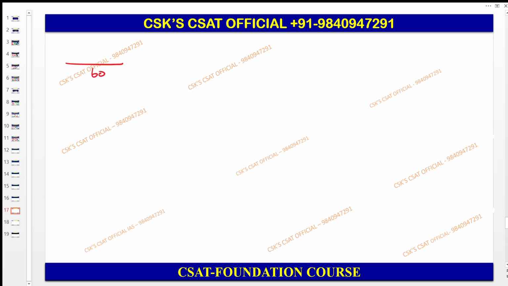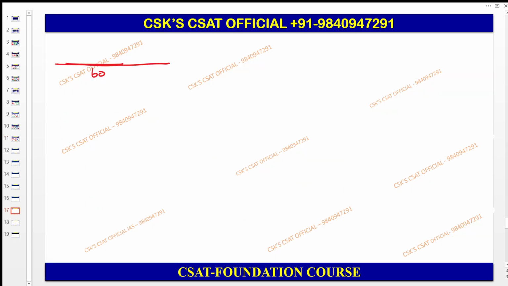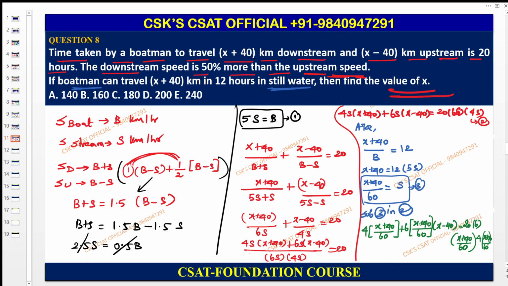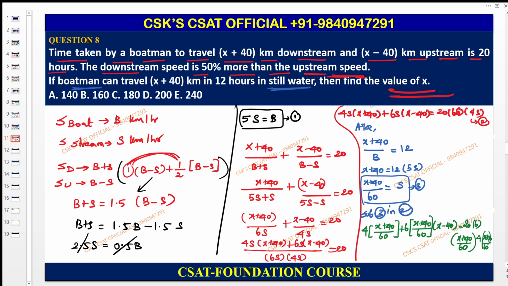Now substitute 3 into 2, so please understand, substituting 3 into 2. So what happens here? 4 here, s is nothing but x plus 40 by 60, plus 6 into s, which is nothing but x plus 40 by 60, into x minus 40, which is equal to 20 into 6 into, we have to substitute that s value here.